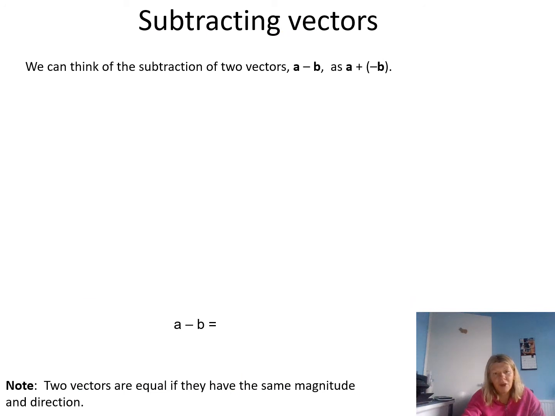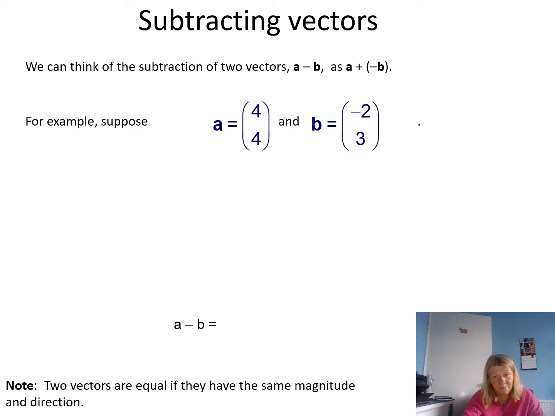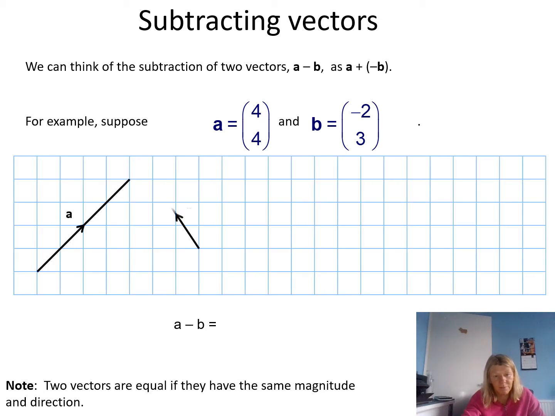We can think of subtraction of two vectors, a take b, as a add the negative of b. This means b going in the other direction. So, for example, here we have these two. Here's our vector a, there's our vector b. Now, our vector minus b is the same as b if you look at it, but it's going in the opposite direction.